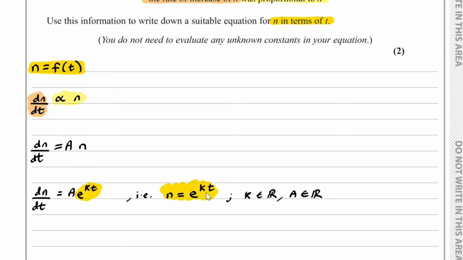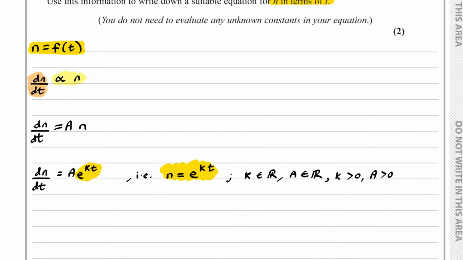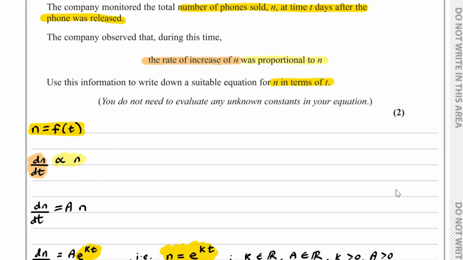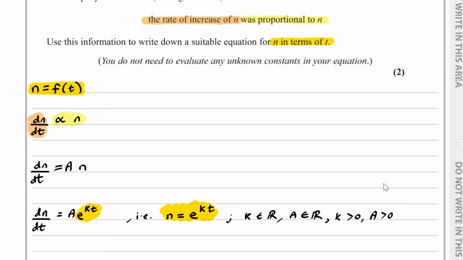When I differentiate this, I get the same function. It's also worth pointing out k and a are both greater than 0 in this question, because we're increasing, so just bear that in mind.